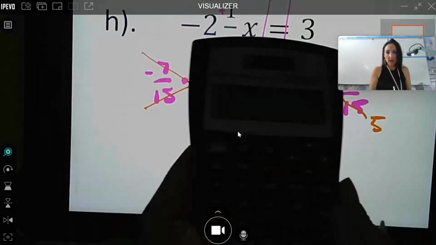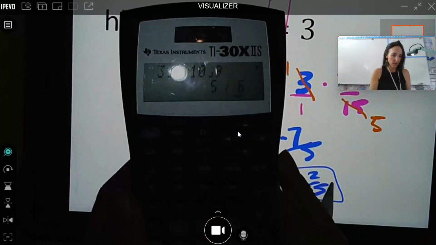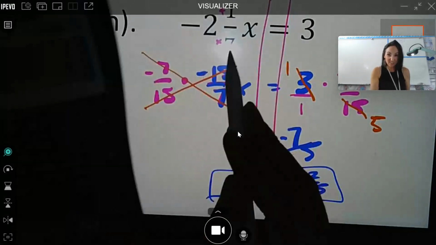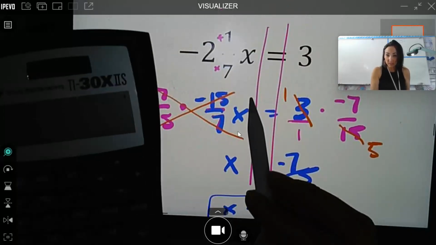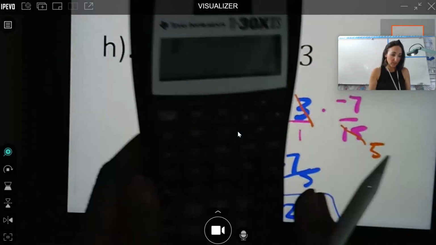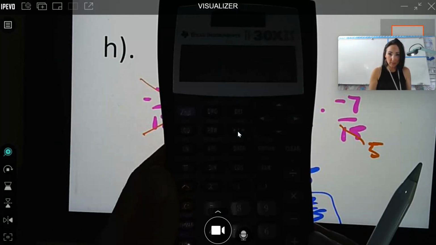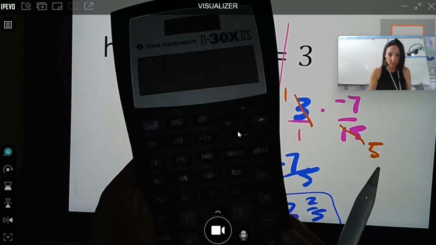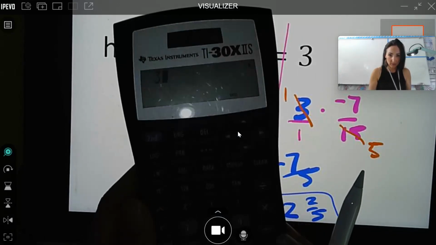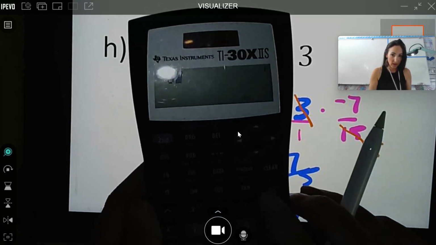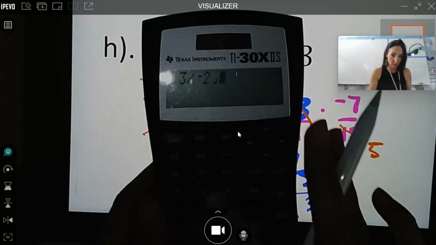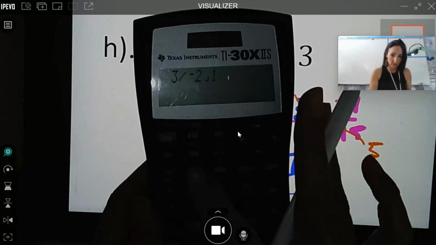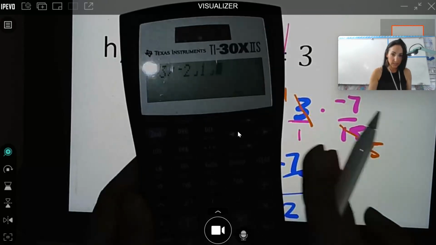Again, I could do this on here. I could just use my calculator. The opposite of multiplying by negative 2 1/7 is dividing by negative 2 1/7. So I could take my 3. See if I can get this. Oh my gosh, you guys. 3 divided by, I would do negative 2 fraction button 1 fraction button 7.